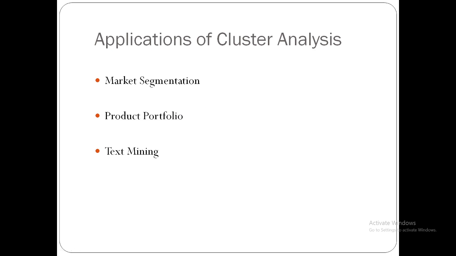People of similar sizes can be grouped together to make small, medium and large sizes for clothing items. Text mining: clustering can help organize a given collection of text documents according to their content similarities into clusters of related topics. This is about text mining.